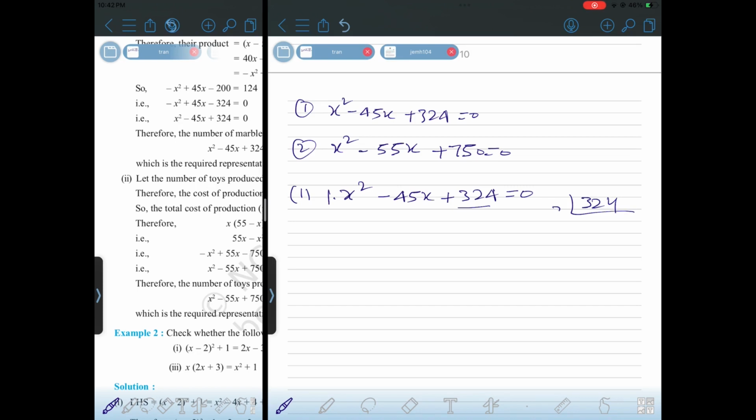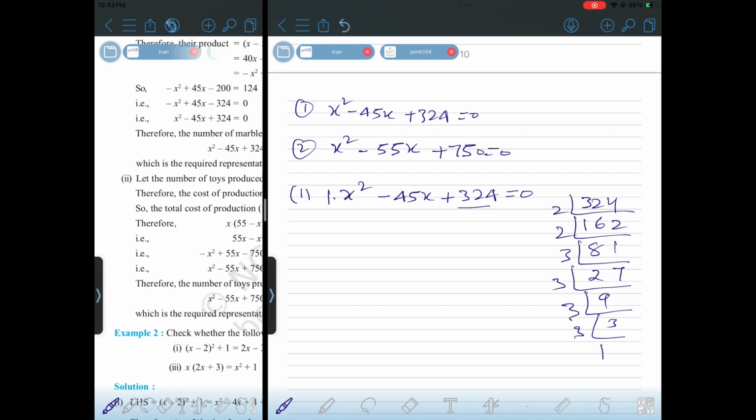So the factors will be 2 ones are 2, 2 sixes are 12, 2 twos are 4, then 2 eights are 16. Then with 3: 3 twos are 6, 3 sevens are 21, then again 3 threes are 9, and 3 and 1. Now we have to arrange these numbers in such a way that the sum is minus 45x.